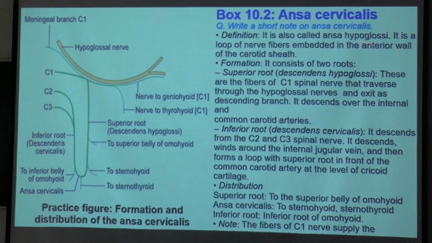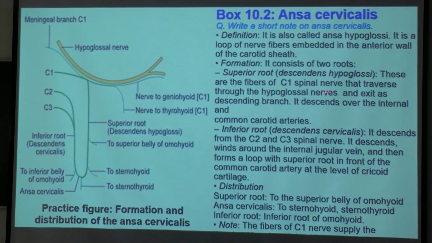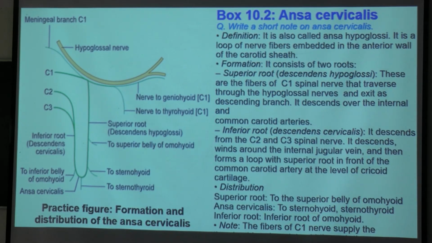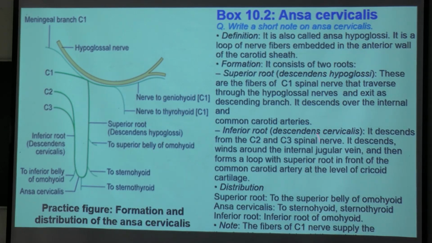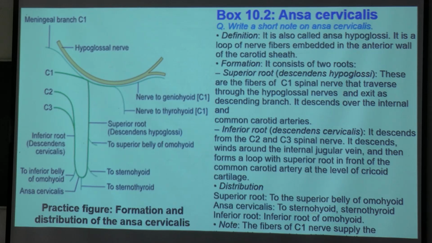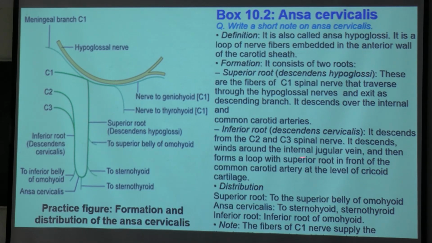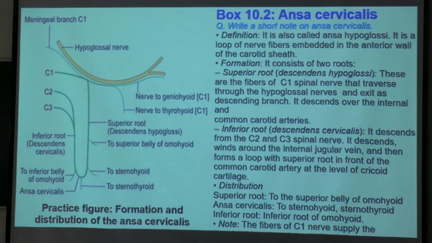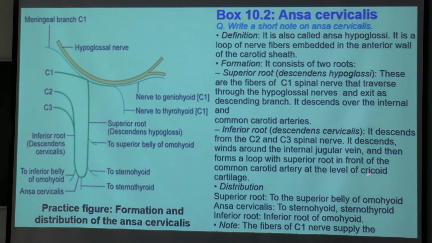So the superior root or descendens hypoglossi consists of fibers of the C1 spinal nerve that travel through the hypoglossal nerve, exit as the descending branch, and descend over the internal and common carotid arteries. Next is the inferior root or descendens cervicalis. It descends from the C2 and C3 spinal nerves, winds around the internal jugular vein, and then forms a loop with the superior root in front of the common carotid artery at the level of the cricoid cartilage.